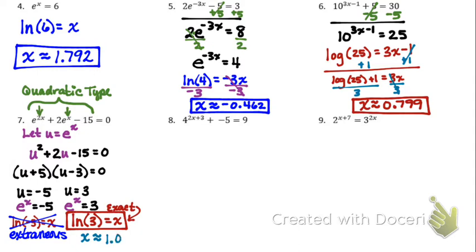You said 1.099? 1.099 would be my approximate solution. Lovely. Nice work.